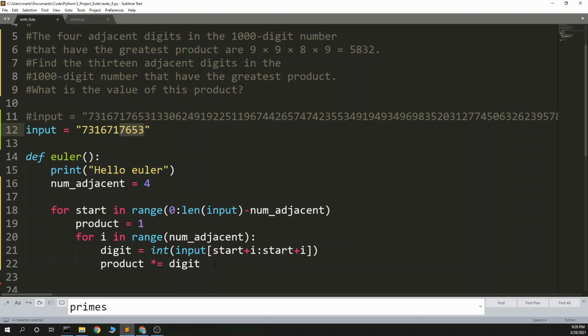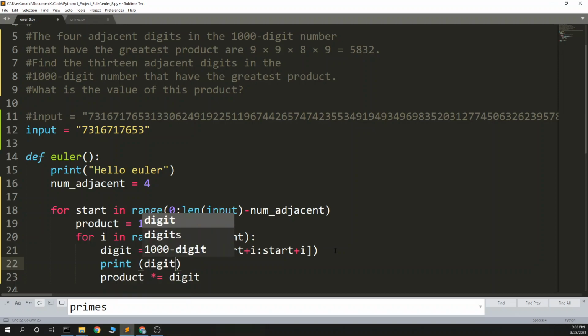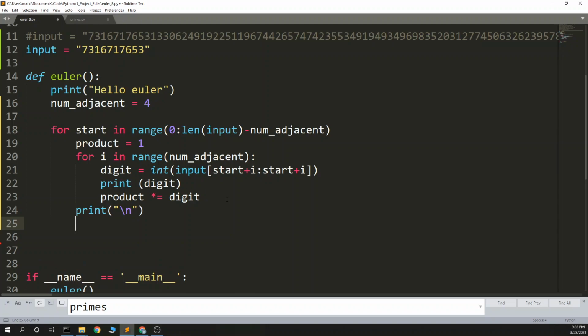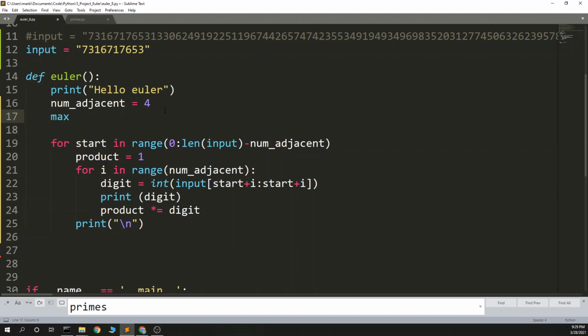So print digit, dash n. That's product, and we need to keep the maximum. Max product equals 0.